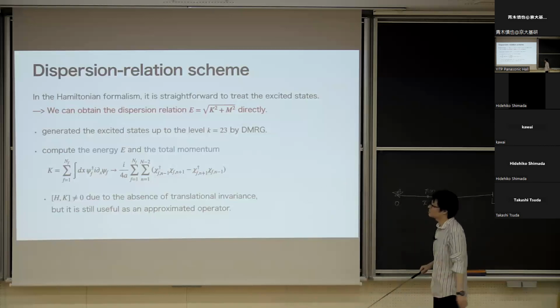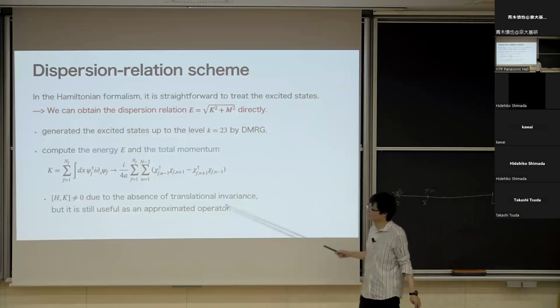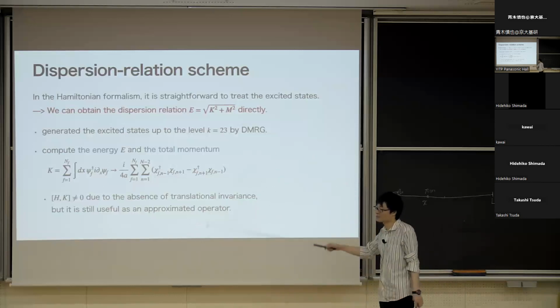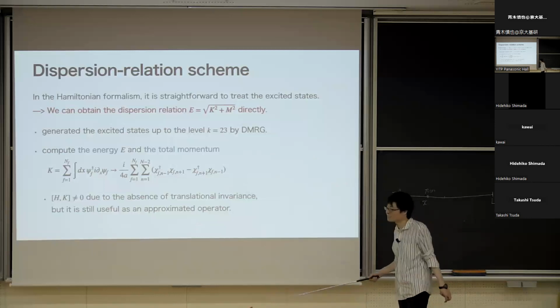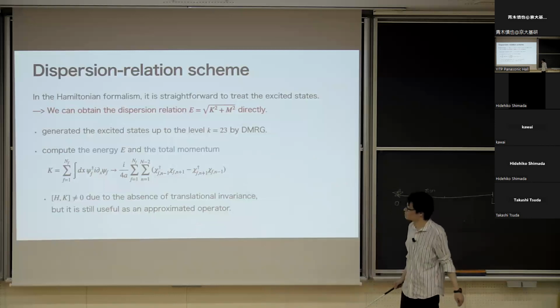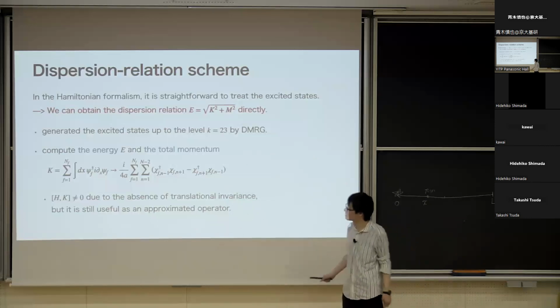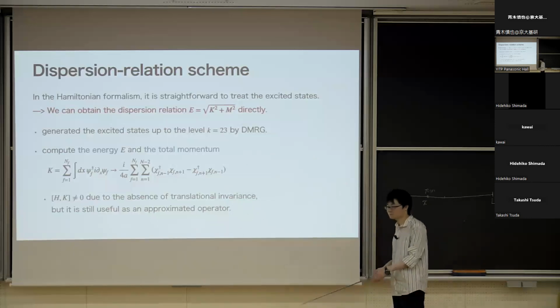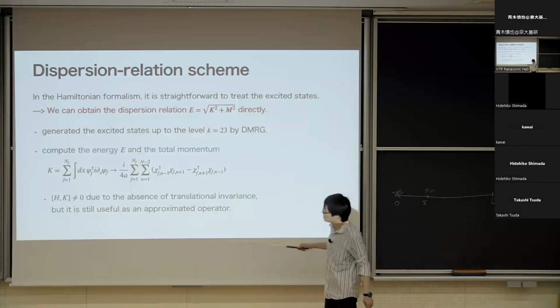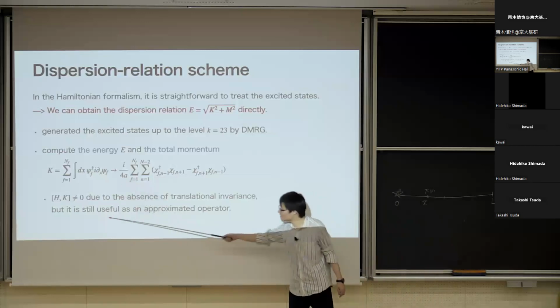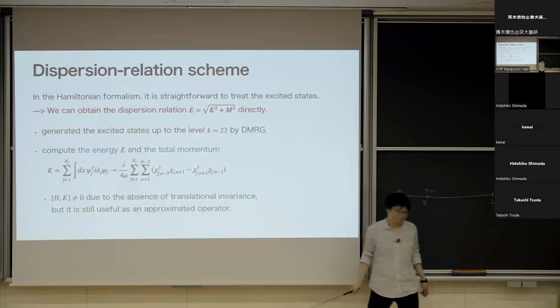Also, MPS is not so good at representing the state in a periodic system. It's good at open boundary, so for such reasons we choose open boundary. This operator doesn't commute, but it is still useful as an approximate operator.